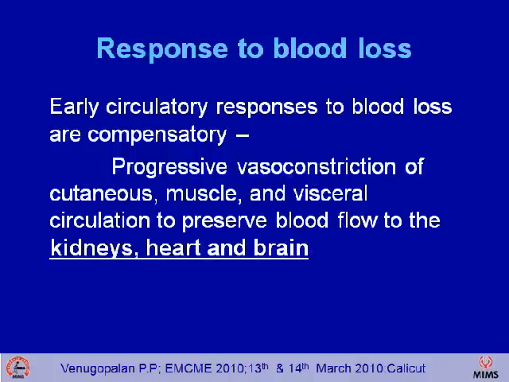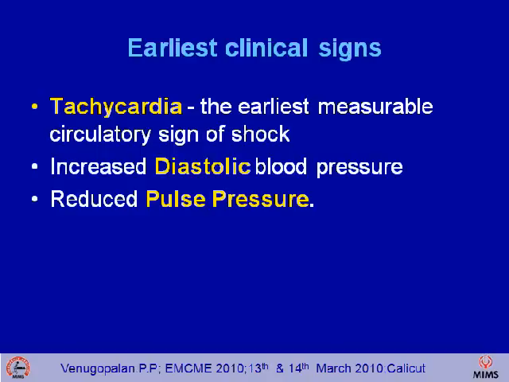How does the body respond to blood loss? There is an early circulatory response to the blood loss, which is compensatory: usually a progressive vasoconstriction of cutaneous, muscular, and visceral circulation. This is basically to preserve the blood flow to the kidney, heart, and brain, the vital organs.